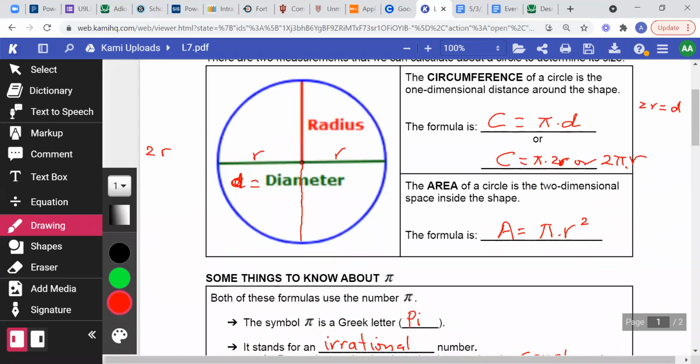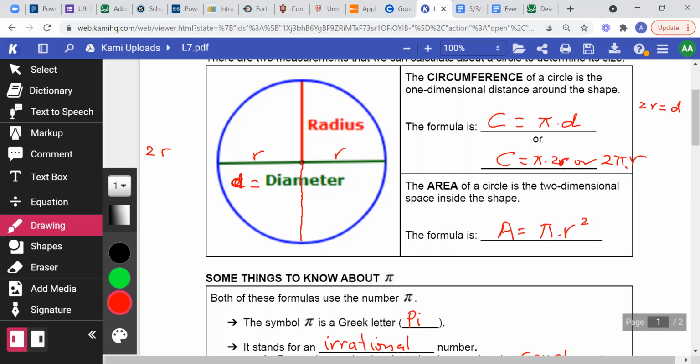In terms of the area, it is just pi times r squared. R stands for radius. So if the radius is given, you multiply the radius by itself, and then you multiply it by pi. You put pi by the side. And the unit for area is always in unit squared. If your radius is in meters, the area has to be in meters squared.